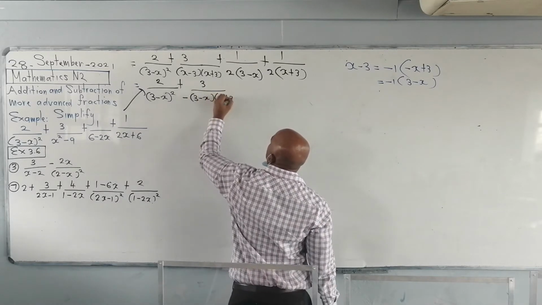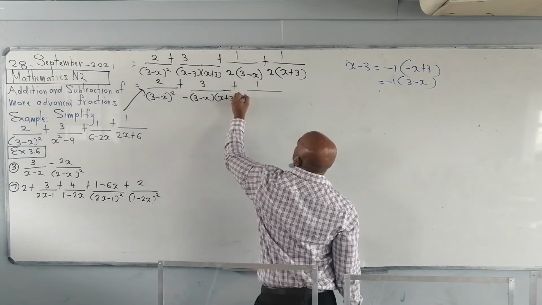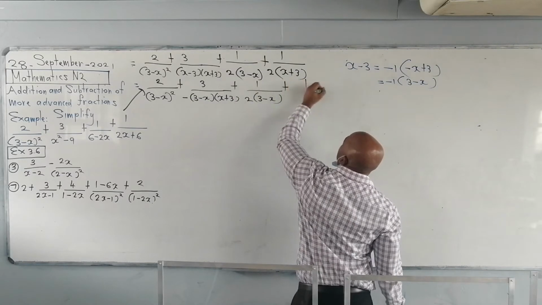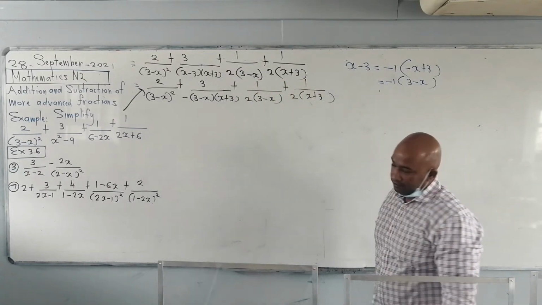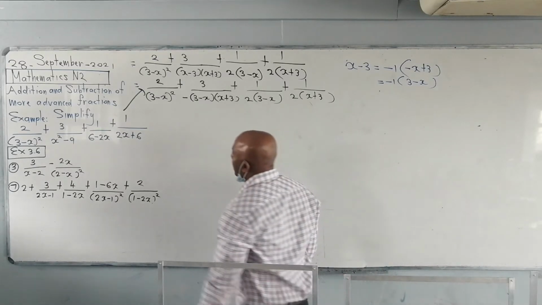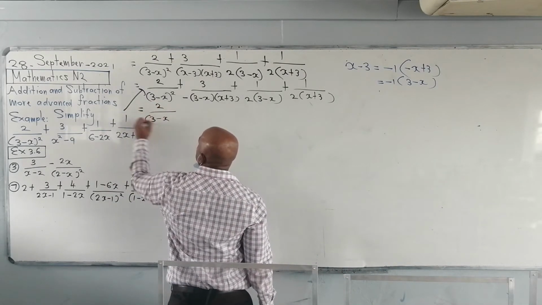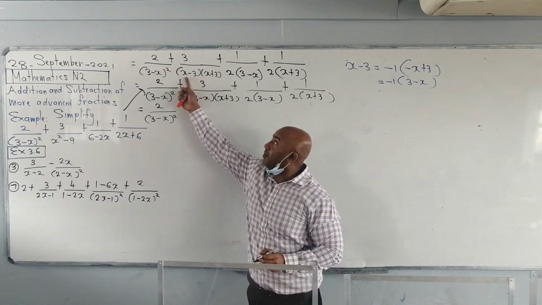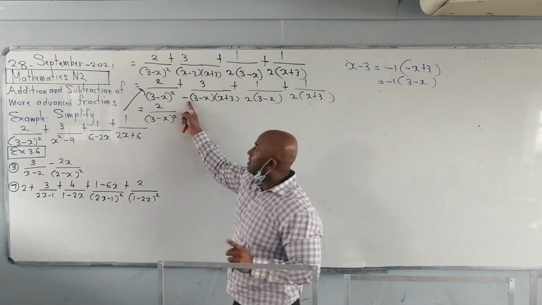And I got my x plus 3, I got plus 1 over 2 times 3 minus x, plus 1 over 2 times x plus 3. Right, so let's see what happens now. So I got my 2, all divided by 3 minus x all squared. That negative sign that I took out from x minus 3, you can see it here, I just showed it to you. There's a negative sign.